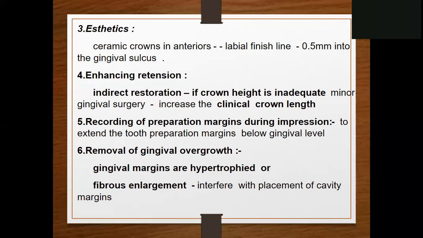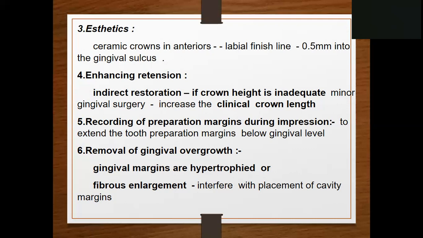This is also concerned with the retention of the restoration, because in order to get proper retention, there should be adequate crown length. So to increase the crown length, a minor gingival surgery should be undertaken for the longevity of the restoration.